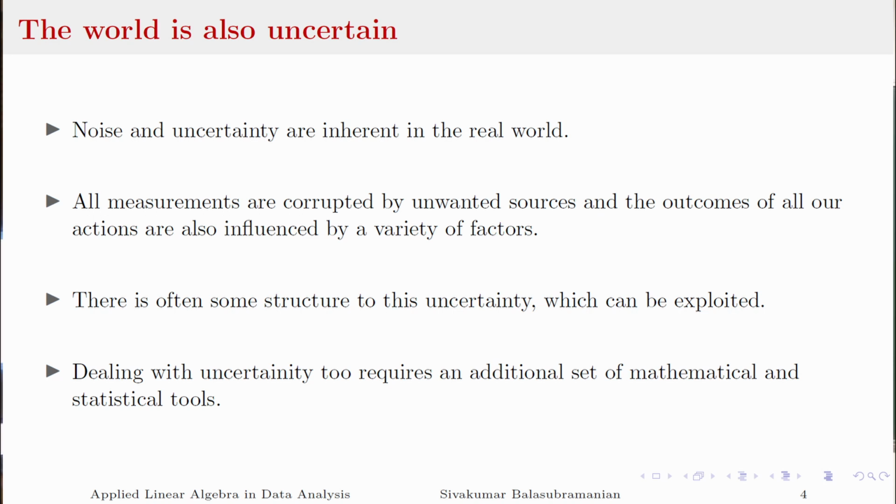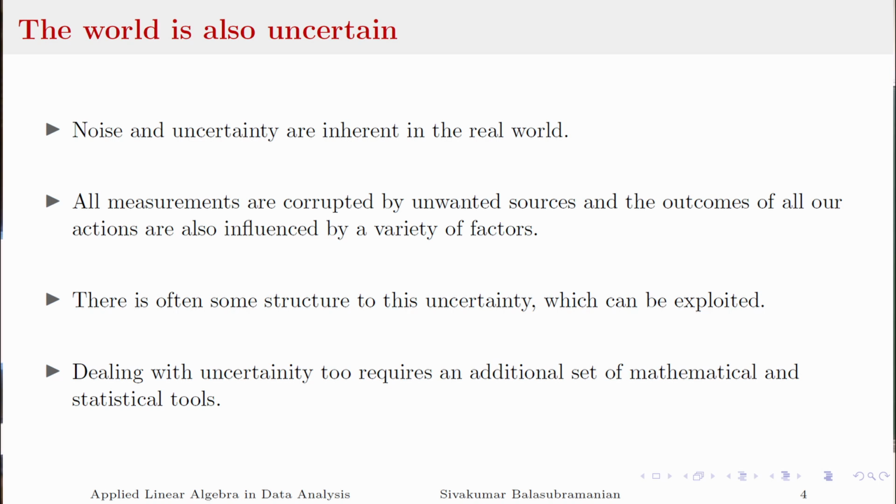But with most systems that have uncertainty associated with them, even though, for example with a coin toss, you cannot say what the next outcome is going to be, over a long set of trials you can actually make a good guess. So it's that structure that I'm talking about, and that's what we try to exploit to do the best we can with the uncertainty that we have to deal with.